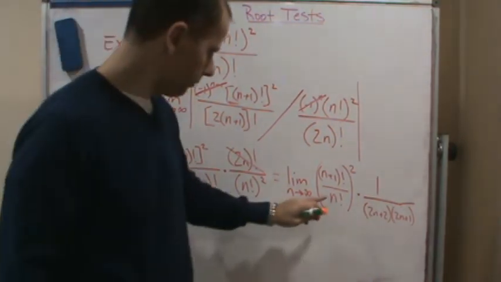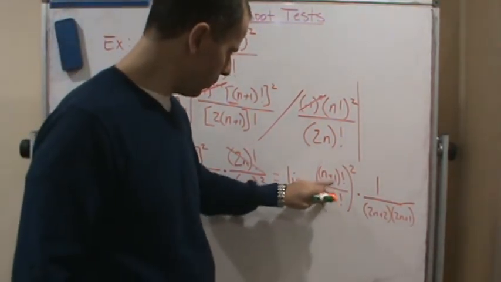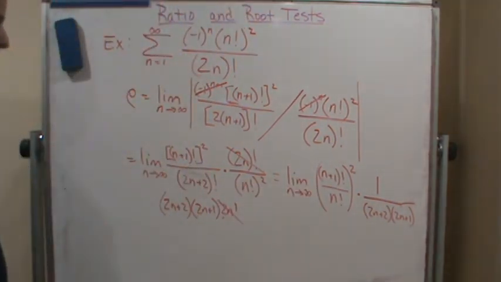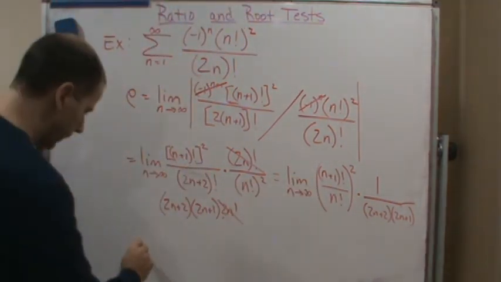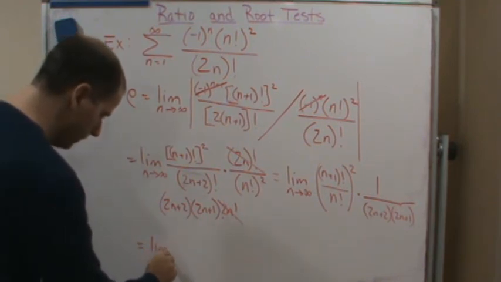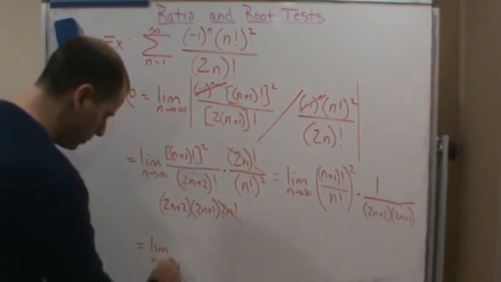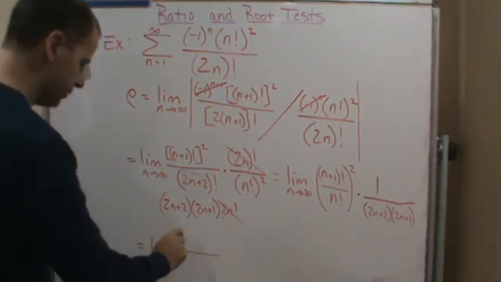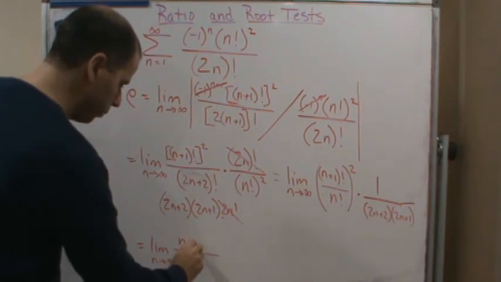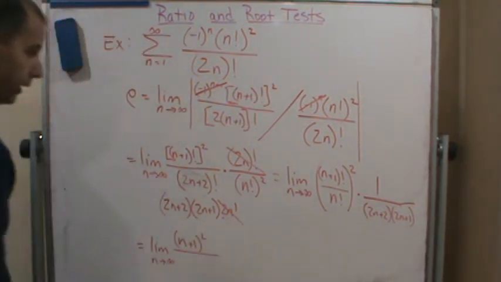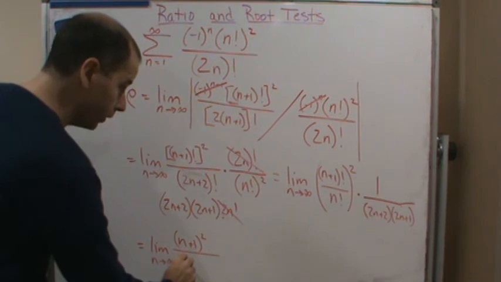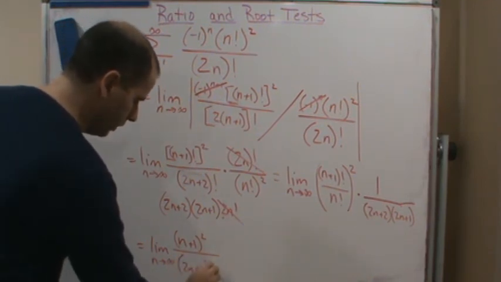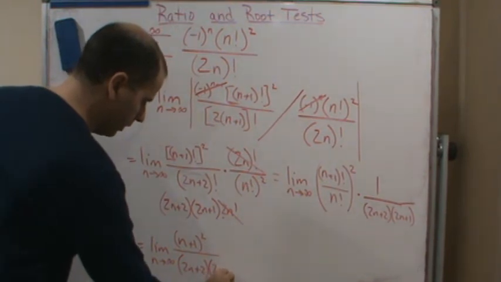And now we can cancel this with this, and we'll get (n+1) squared on the top. So what do we end up with? This equals the limit as n approaches infinity, and our final thing we get is (n+1) quantity squared over (2n+2) times (2n+1).